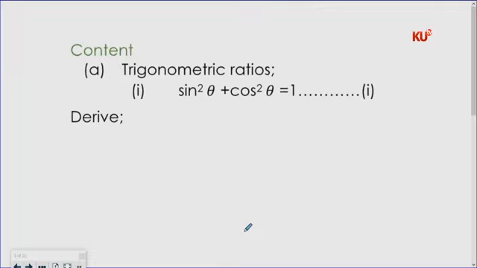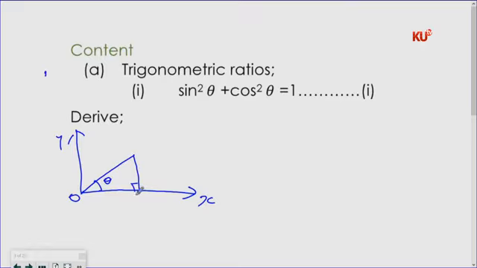Assuming we have our Cartesian plane, we have the x-axis and the y-axis, and I happen to have a right angle triangle. We have angle theta. This is the origin. We have point A and we have point B.